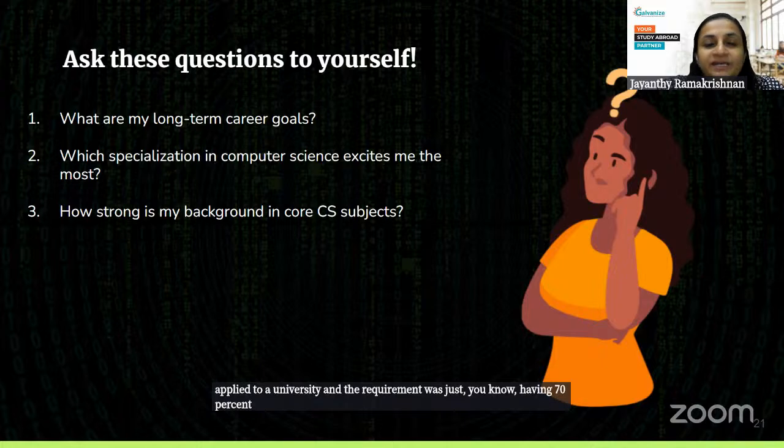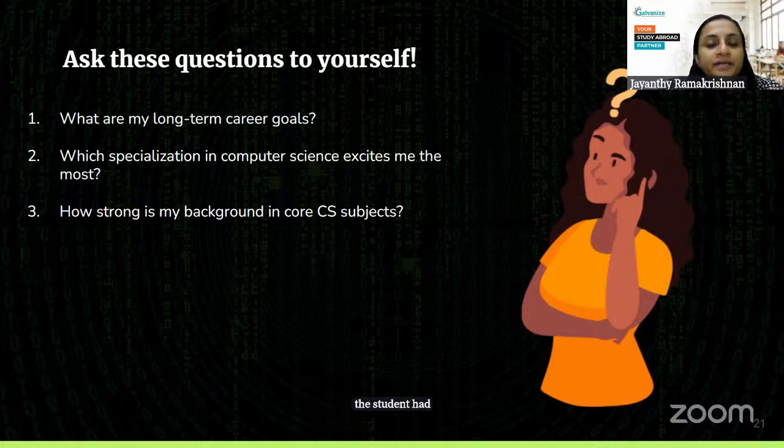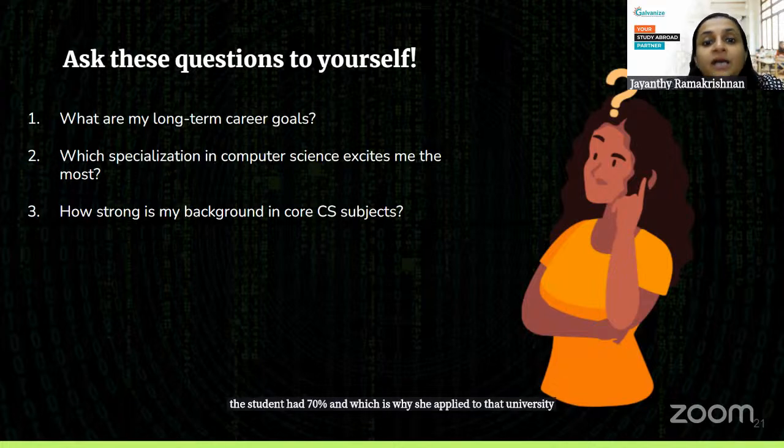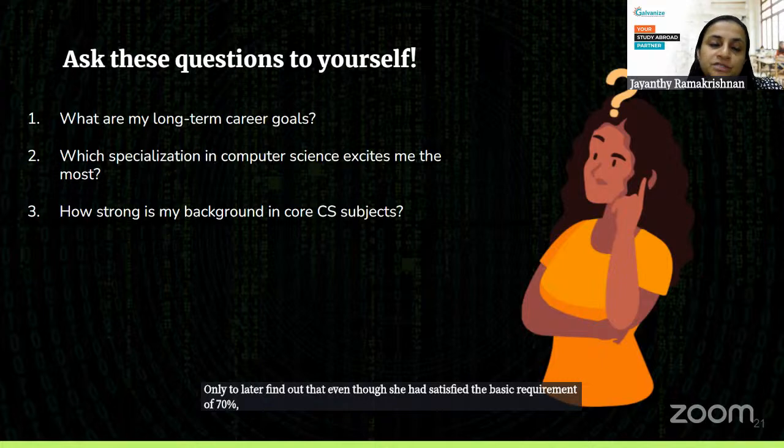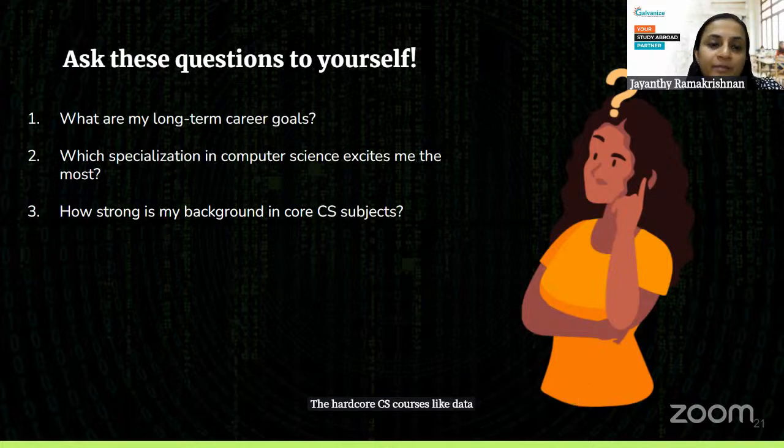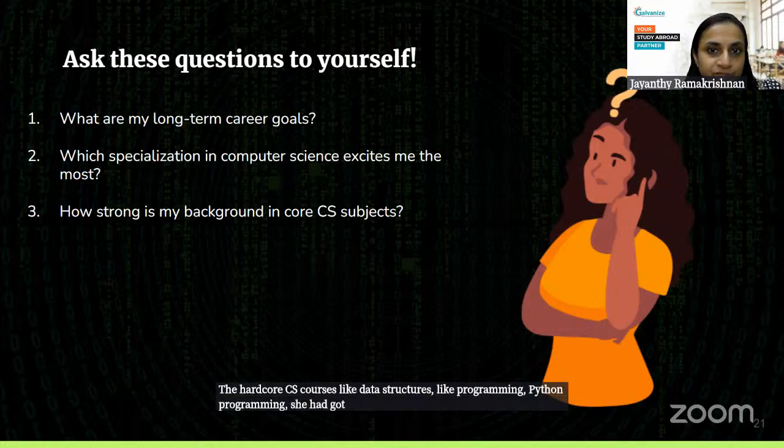The student had 70%, which is why she applied to that university, but then she got a reject, only to later find out that even though she had satisfied the basic requirement of 70%, in the hardcore CS courses like data structures and Python programming, she had got C's and D's.